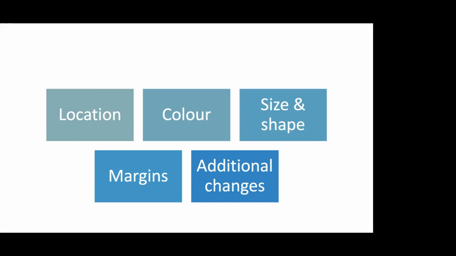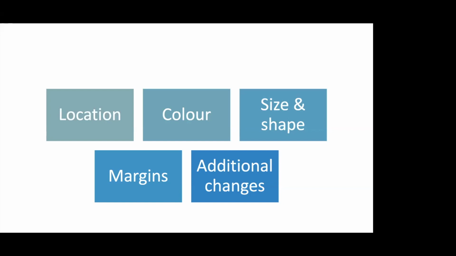Are they in a particularly photosensitive place? Are they on the face, for example? What colour is the lesion? Is it skin coloured, or is it pale? Is it black in colour? All these things will begin to give you some valuable information.